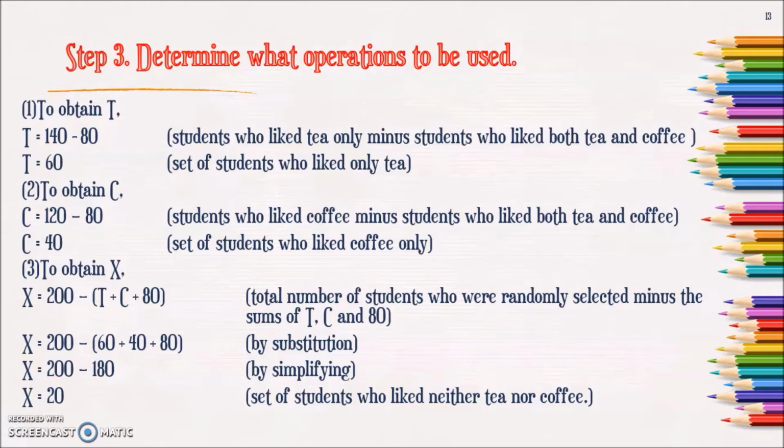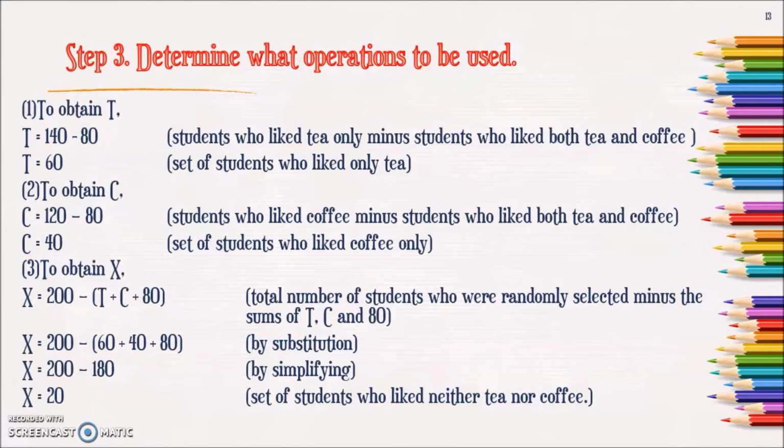We use parentheses here to emphasize what to solve. These are the total number of students who were randomly selected minus the sum of T, C, and 80. So X now is 200 minus (60 plus 40 plus 80) by substitution.